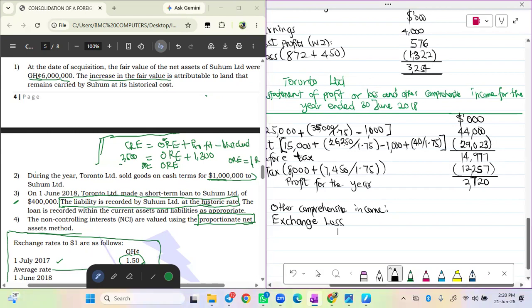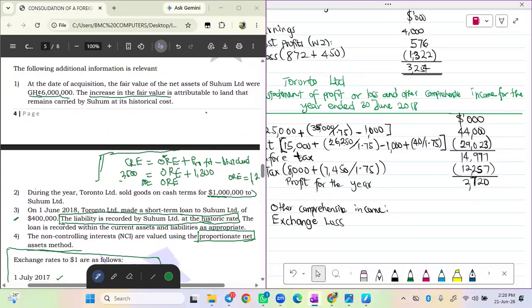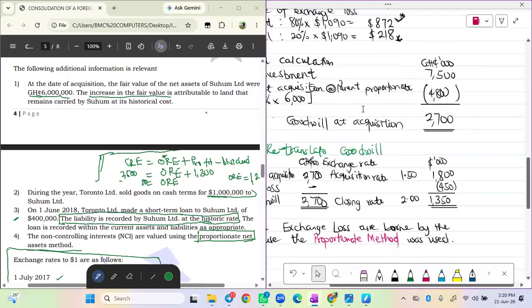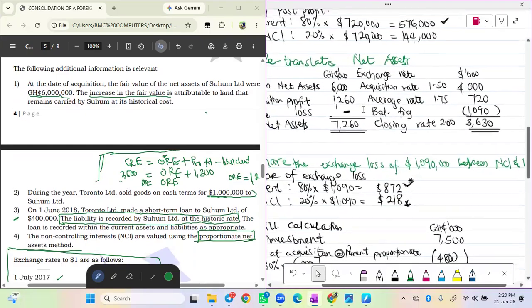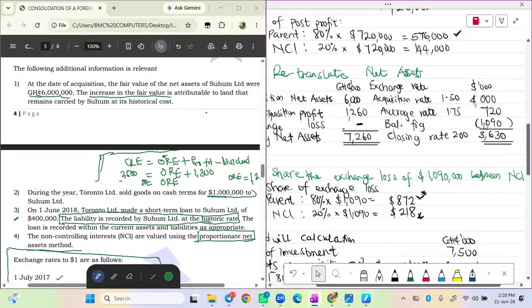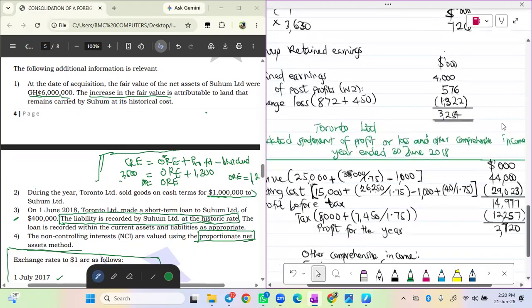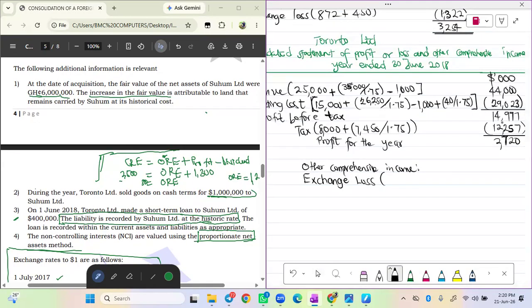So the total exchange loss on translating the net assets was 191,090. Don't pick NCI or parent, pick the total. That will be the first exchange loss, due to retranslation of net assets.